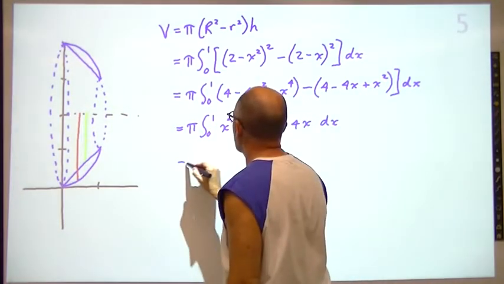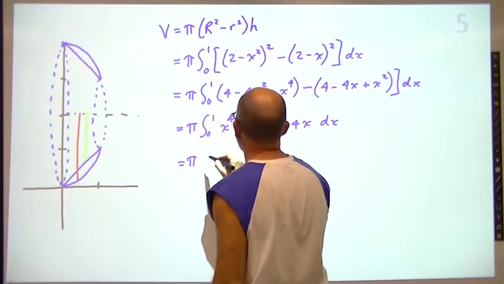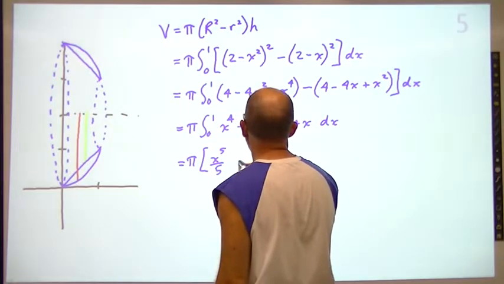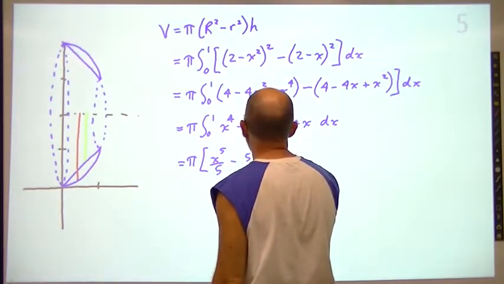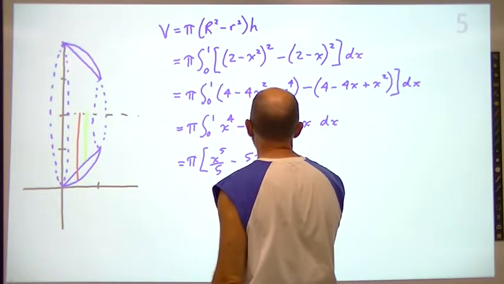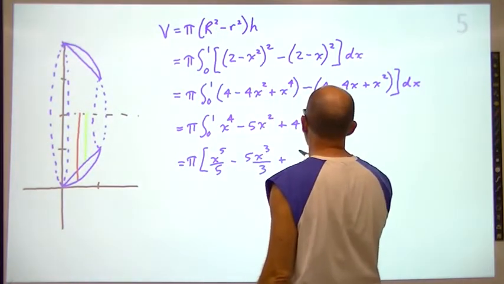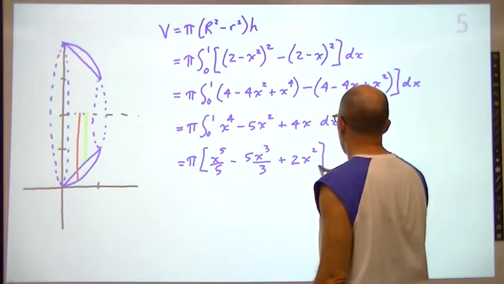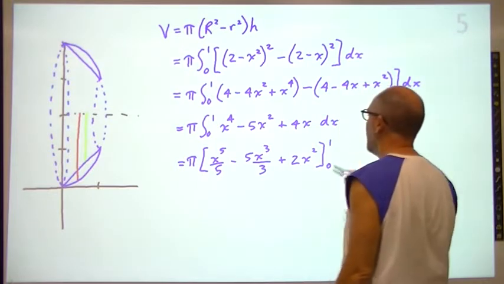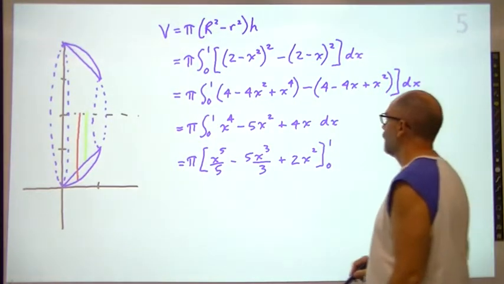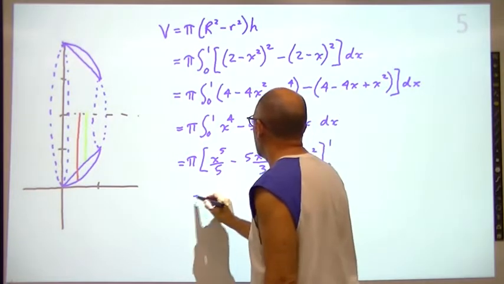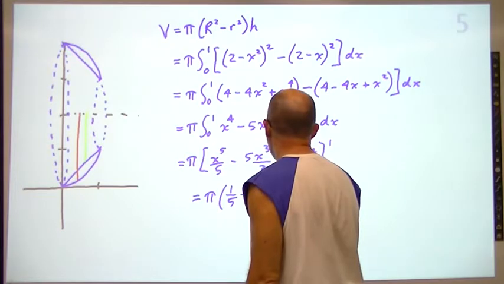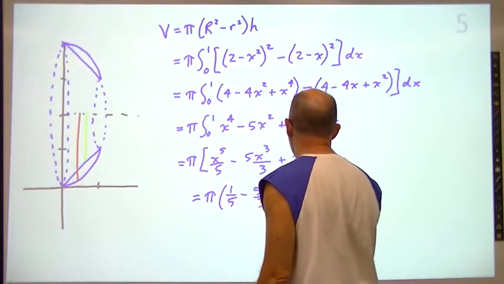Okay, time for our integration. So this becomes x to the 5th over 5 minus 5x cubed over 3 plus 4x squared over 2 from 0 to 1, and that 0 is really handy. So now I just plug in my 1's and I get pi times 1/5 minus 5/3 plus 2.